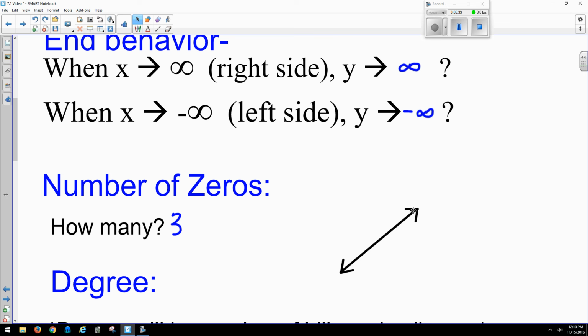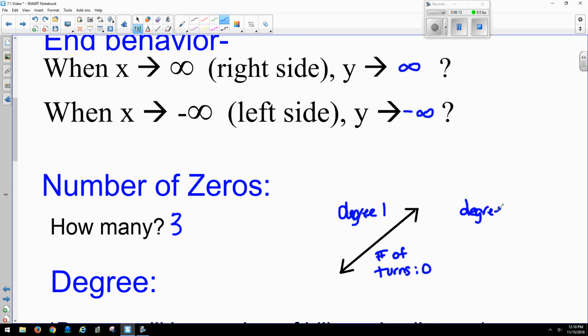This is increasing, or a term that we have talked about is slope. The slope is positive, and so there's no change in direction at all. So if it is degree 1, the number of turns would be 0.